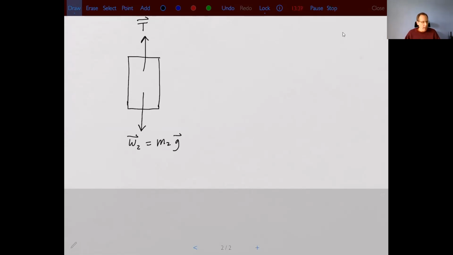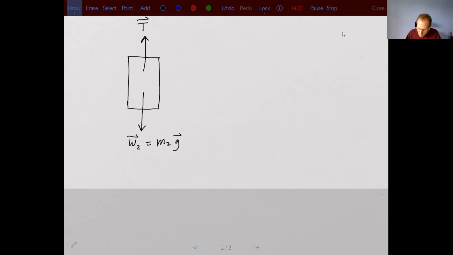Okay, now in order to apply Newton's second law, we need a coordinate system. I could use the standard x along the horizontal, y along the vertical. But the only problem with that is it gets a little confusing because then it flips the acceleration. The acceleration is now negative. So to make things easier, I'm going to use this as my coordinate system.